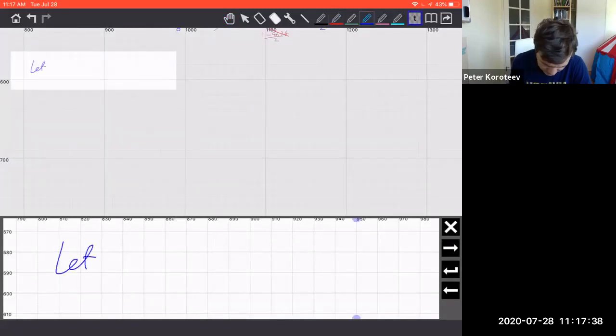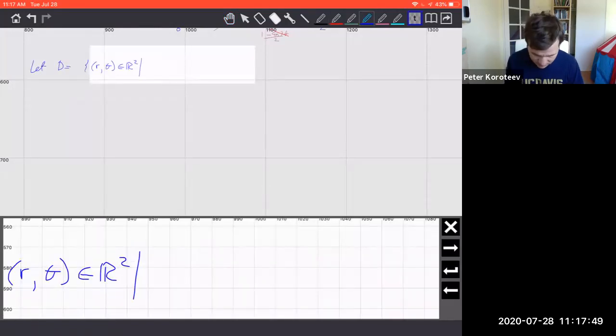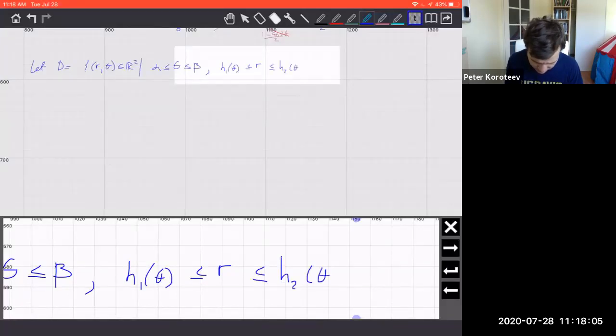So let D be a set of points, which in polar coordinates are given by this inequality. Theta is bound between alpha and beta, and r is between H1 of theta and H2 of theta. So H1 and H2 are some functions in polar coordinates, r equals H1 of theta and r equals H2 of theta.